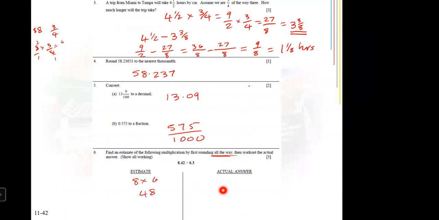That's just a rough estimate. And then for the actual answer, you're going to multiply 8.42 times 6.3. And the actual answer should be 53.046.